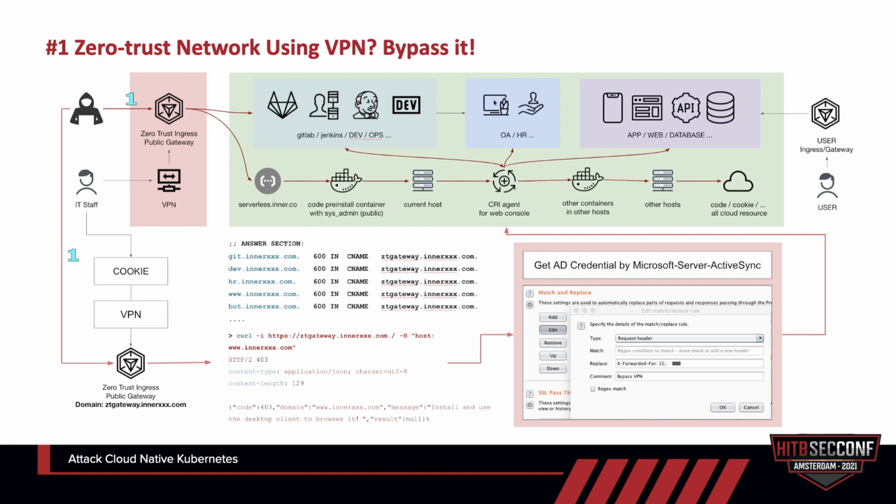We began to analyze the security issues in this design. Imagine that ztgateway.email.com is open on the public network. What is the method of verifying the source IP of the HTTP request? Is that VPN client important?